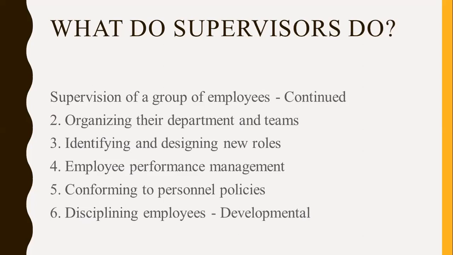Supervision of a group implies, number 2, that was the first. Number 1, organizing their department and teams within the organization. It is very necessary to decentralize the things. Therefore, they decentralize the organization in different departments and manage the teams.